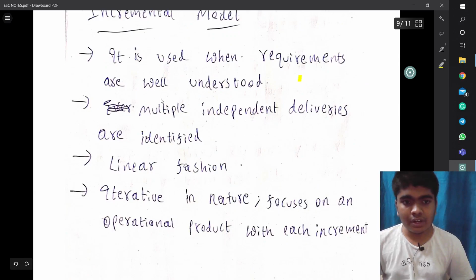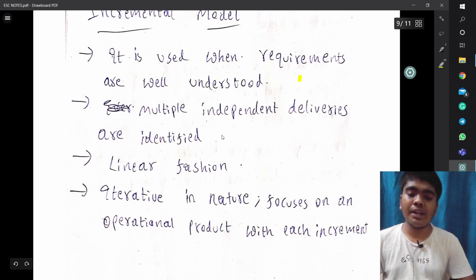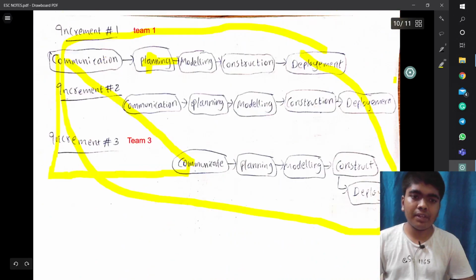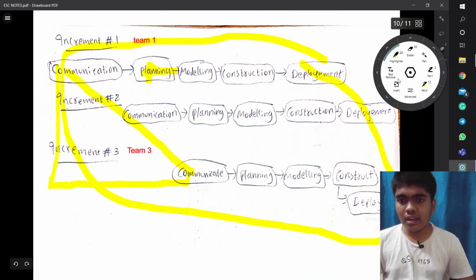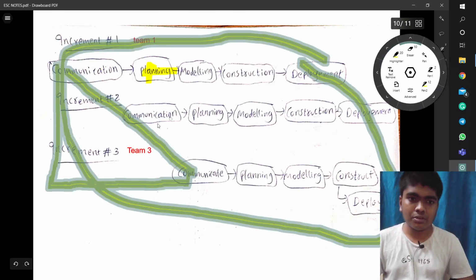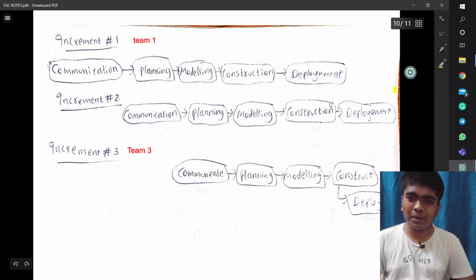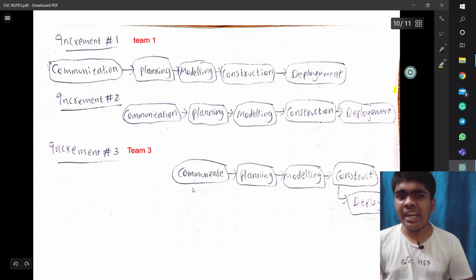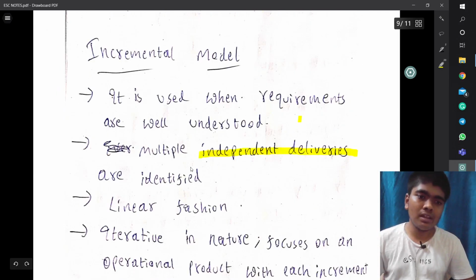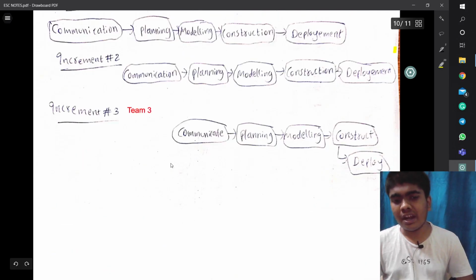It is used when requirements are well understood and multiple independent deliveries are identified. Independent deliveries means each delivery has its unique place. Communication, planning, communication and planning: the three teams' communication will not depend on each other.